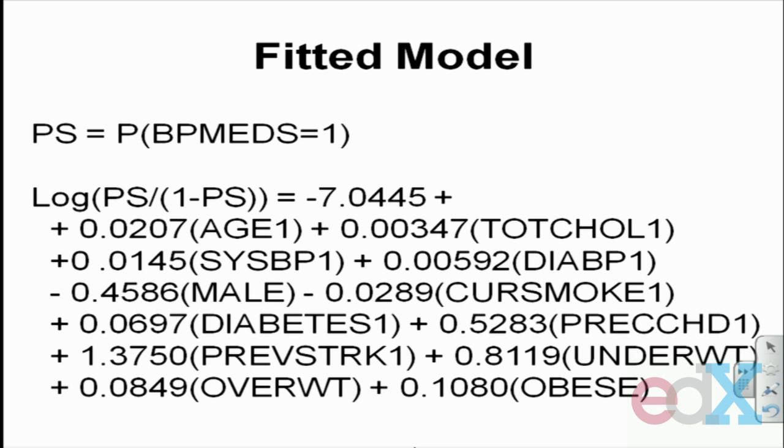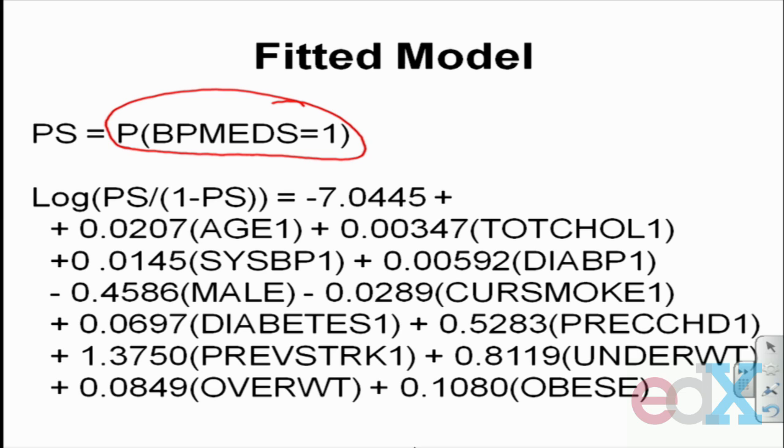So let's suppose you took your Framingham data set. Let's suppose you fit a logistic regression model. We fit a logistic regression model in the previous example to look at the relationship between the exposure and the confounders with the outcome death. Now we're going to be looking at the relationship between the confounders and the exposure. So the propensity score is trying to estimate the probability of getting the treatment, the probability of being placed in the on-medication group, the 139 people who received the antihypertension medication before their 1956 exam.